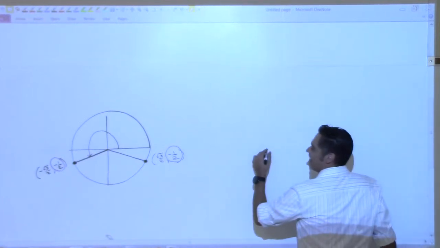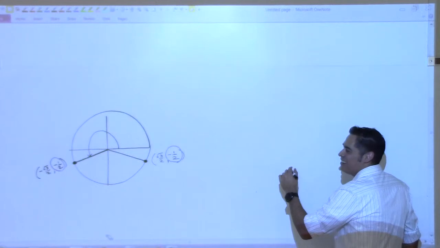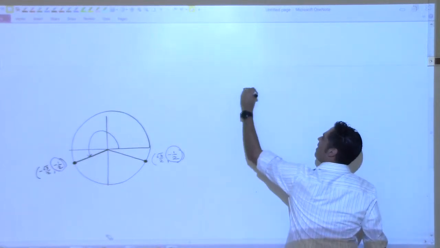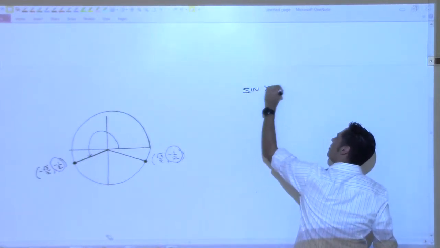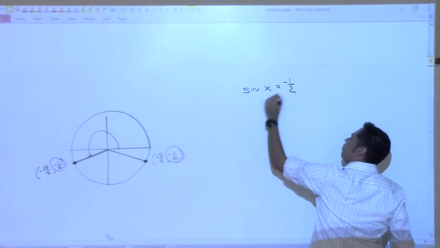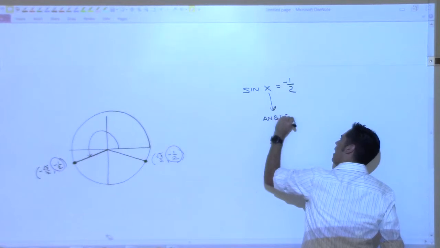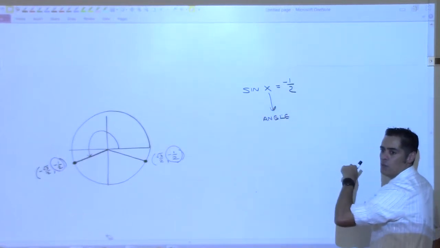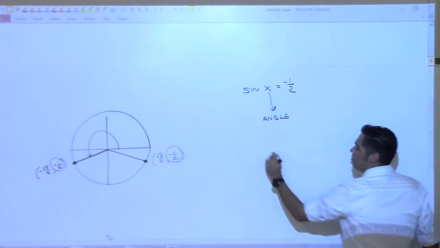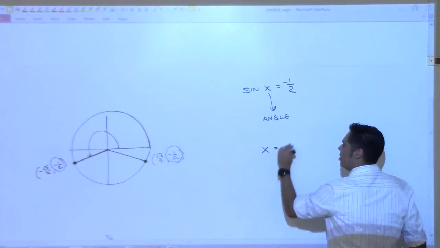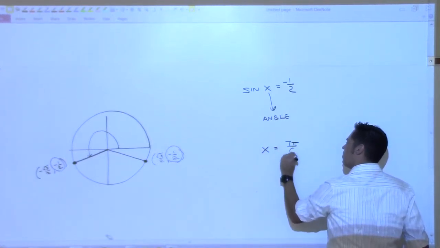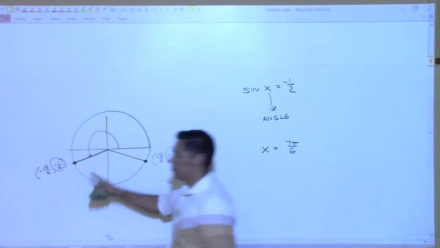Okay, good. Remember, we're trying to find sine x equals -1/2. We're trying to find x, which is an angle, the angle that gives us -1/2 on the unit circle. So x would be 7 pi over 6 as one answer.